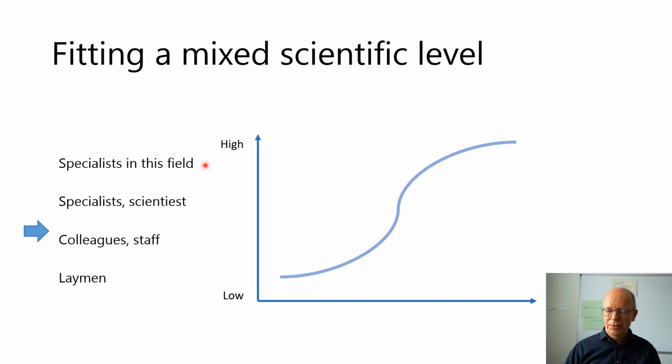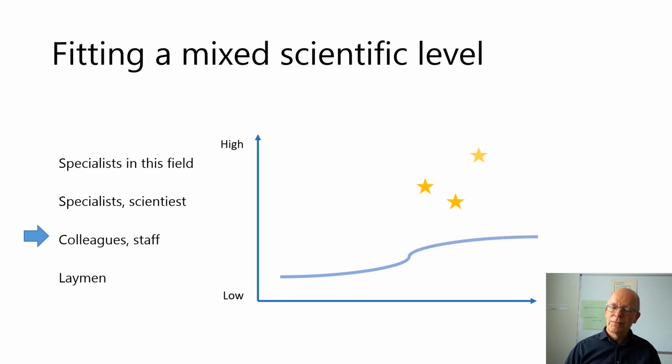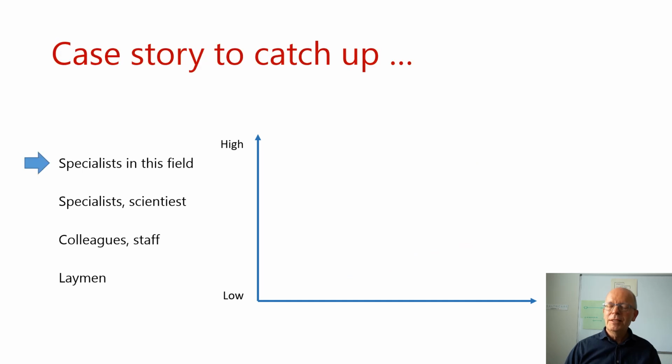If I have another audience, which is my key audience for this talk, I would go for this shape, and I'll give some additional information to some of the specialists. This is actually where a case story can also be helpful. If these specialists are my key audience, but I also want to give information to these groups, then I would start up with a case story, telling about this 60-year-old lady and so on, as a starting point, and then increase the level.